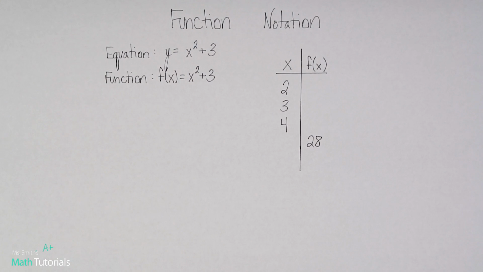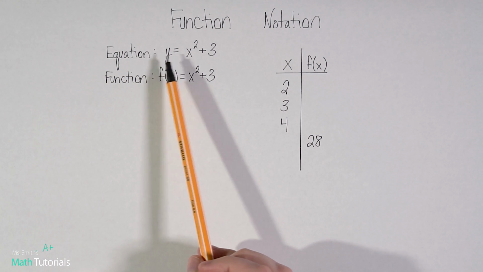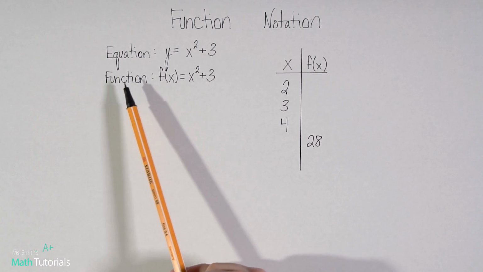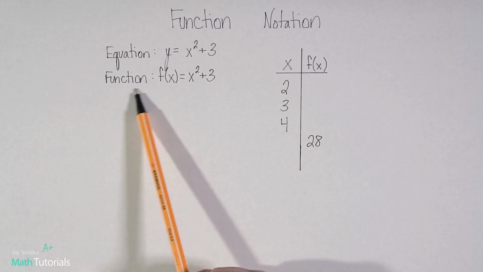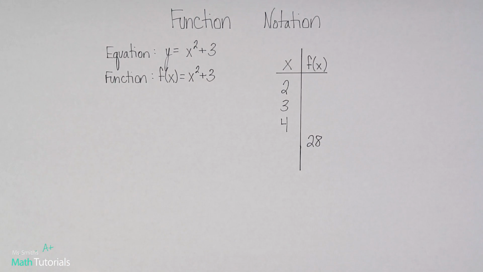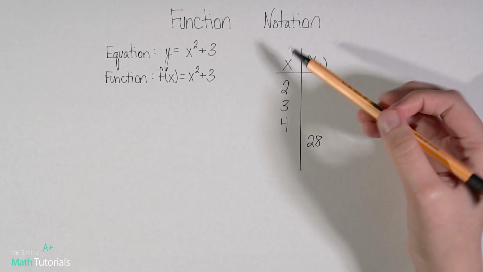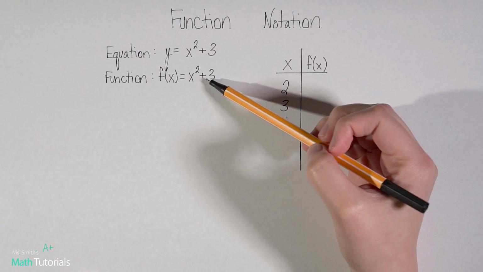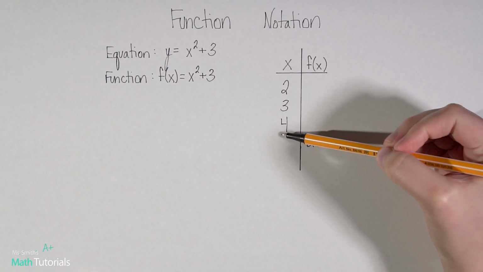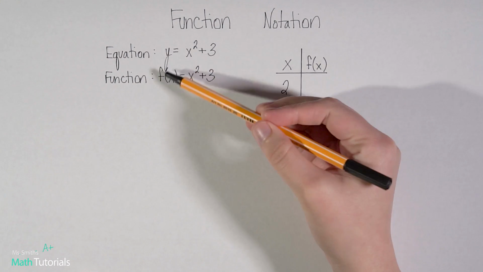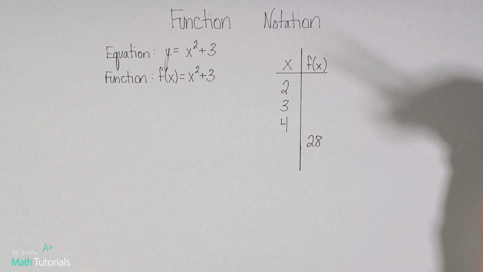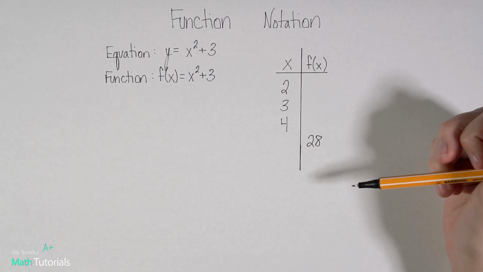So we're used to writing equations where we have y equals something. Now we're talking about functions where instead of y, we're writing f of x equals something. Okay? Function notation is basically saying that if y equals this, we want to plug in various things for x to see what y would equal. Here, they gave us a table of things to try for x.